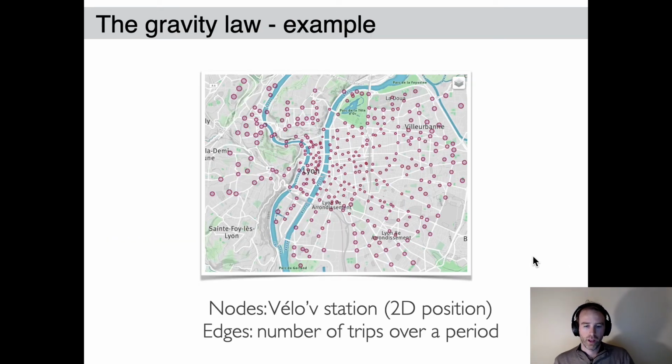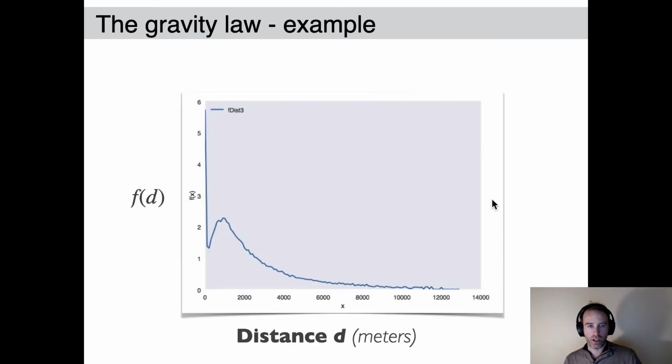So this is just a detail about how to compute the deterrence function in the case of a gravity model. So let's finish with a simple example on Lyon. This is work I did a few years ago while working on a project on the Velov in Lyon. Each dot here corresponds to a bicycle station of the Velov public bicycle system. And we have edges corresponding to the number of trips over a period. We computed the deterrence function and we get something like this.